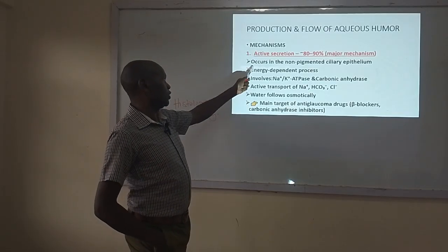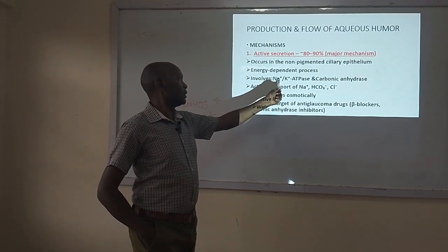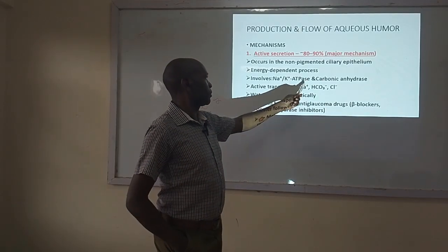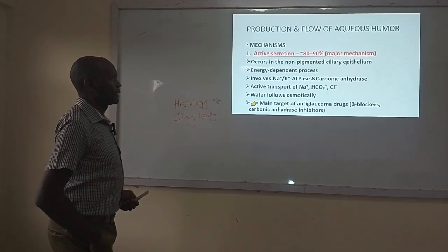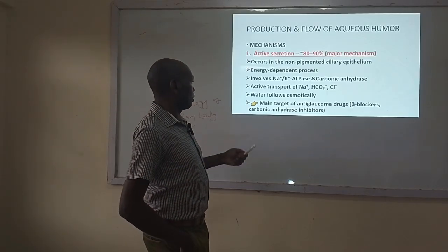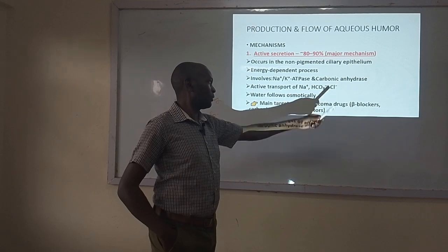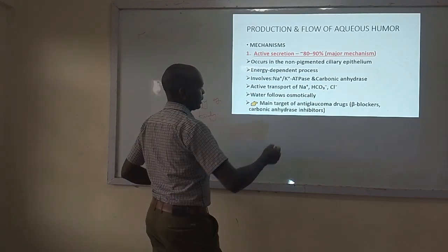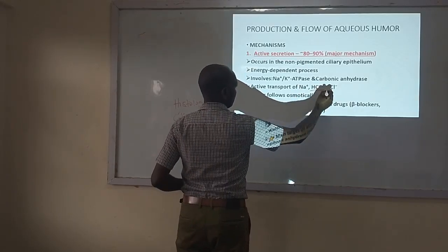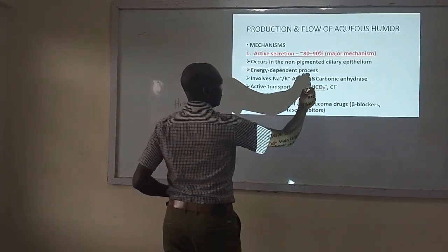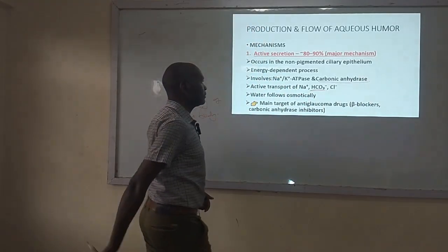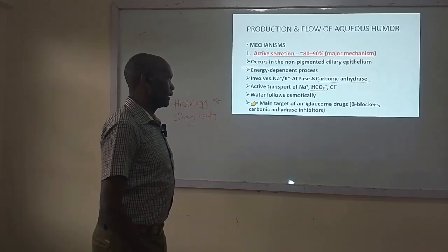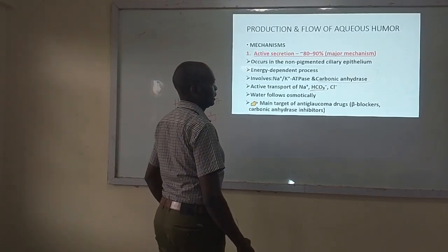So it requires energy, and that is through the use of the sodium-potassium ATPase pump together with carbonic anhydrase. So there will be active transport of these ions, that is sodium, bicarbonate and chloride. This enzyme here, the carbonic anhydrase, will catalyze production of bicarbonate ions.